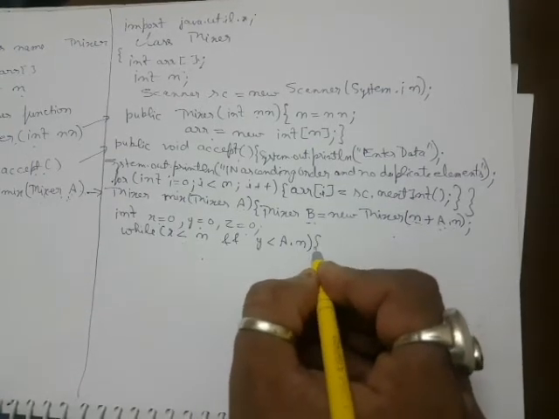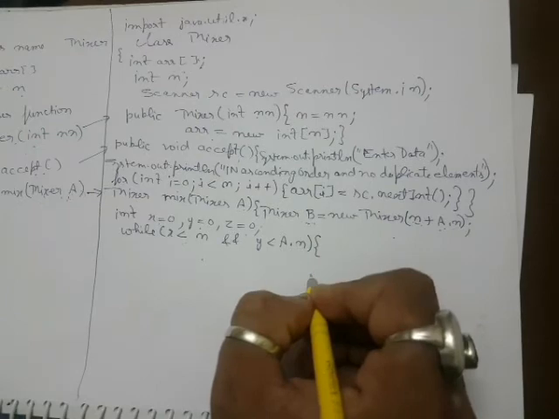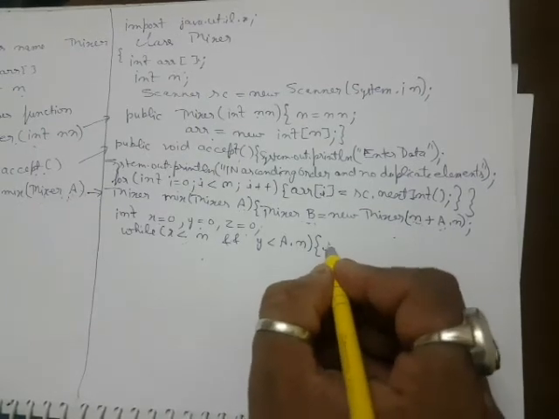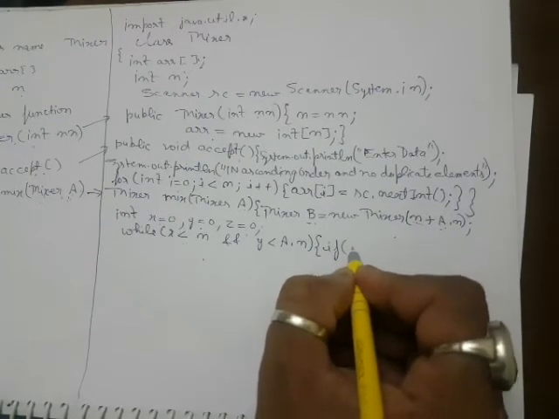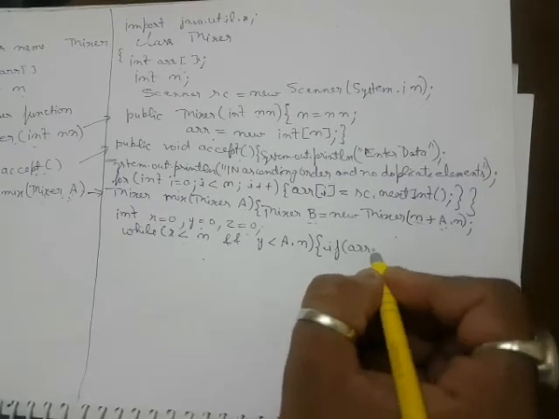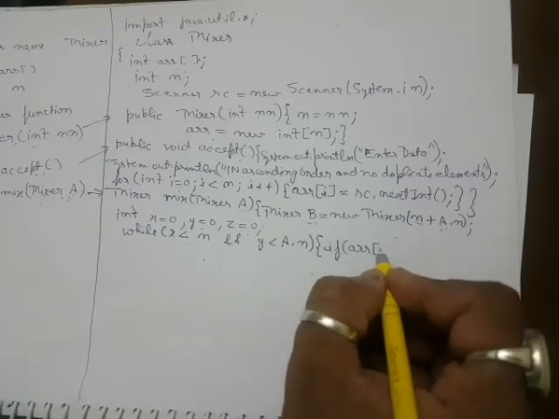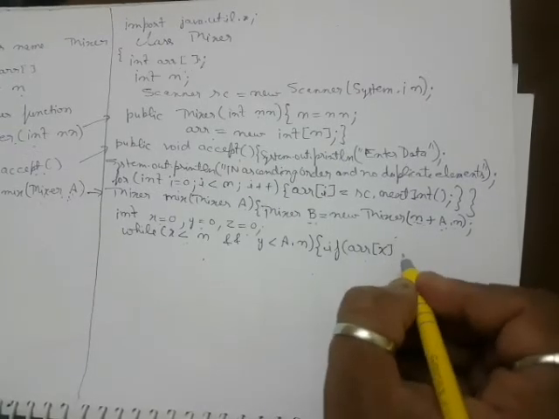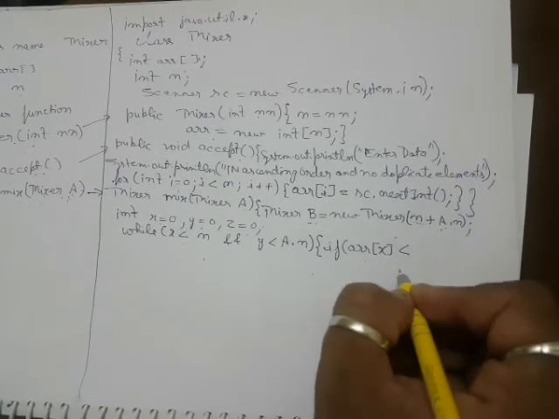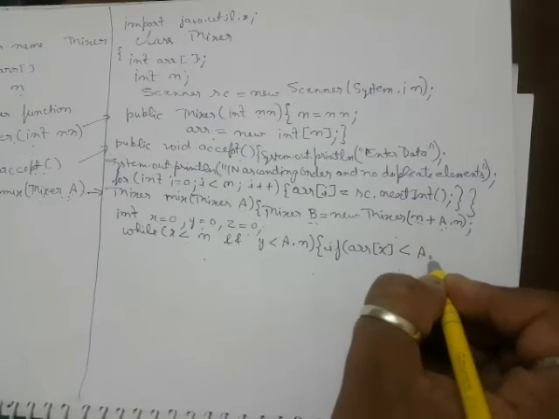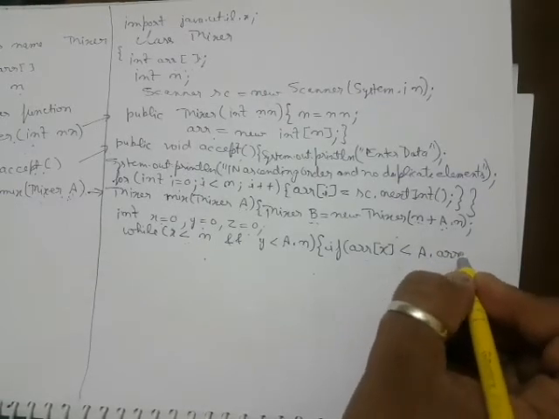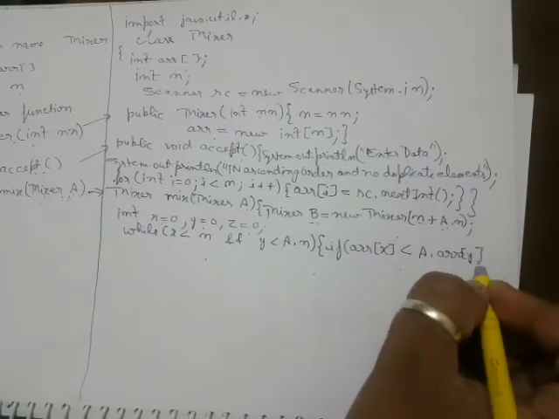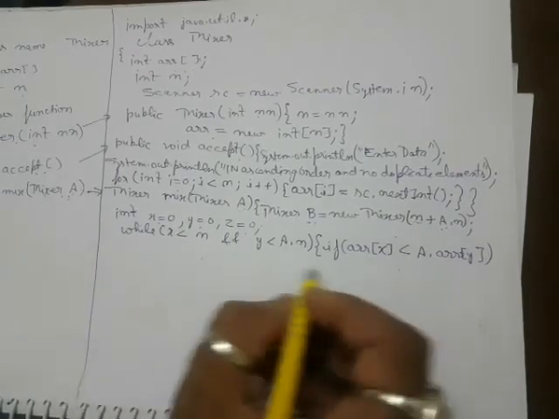Now we open the curly brace of the while loop and we put a condition. So if arr[x], because x is used for the first array, is less than which array? Yeah, you have to write a.arr[y]. If that is less, then what do we need to do?